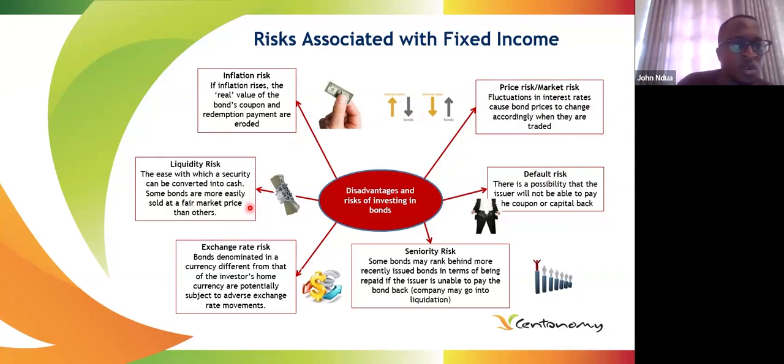Yes, I think, Kidinji, your question is that illiquidity is a real risk in the secondary market, especially when interest rates rise. Actually, no. When interest rates rise, the price of your bond goes down. So people are actually buying it at a low price, remember.